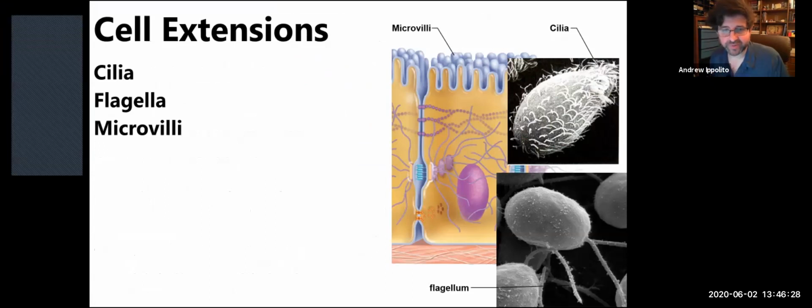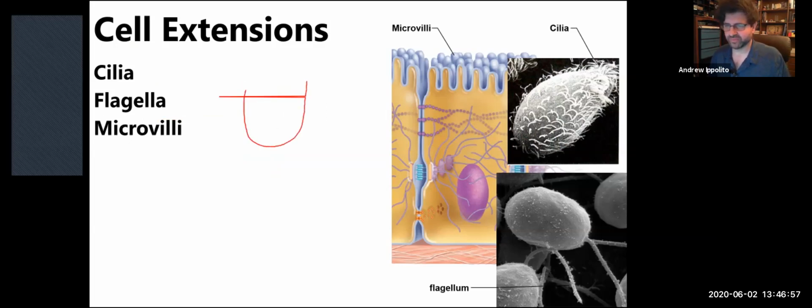Now we can talk about cilia and flagella and microvilli, which collectively are the cell's extensions. A microvilli is if I have an epithelial cell, it's like I just have to get it out of my system a few times, and then I suddenly can draw.